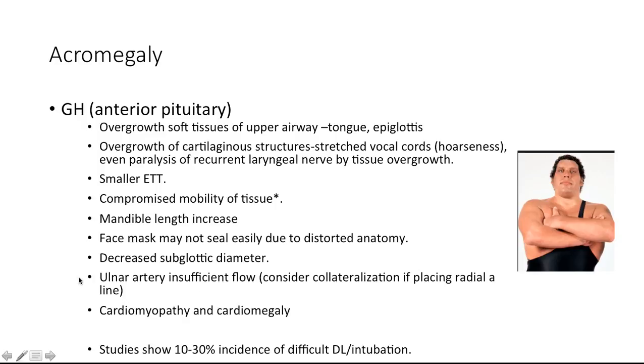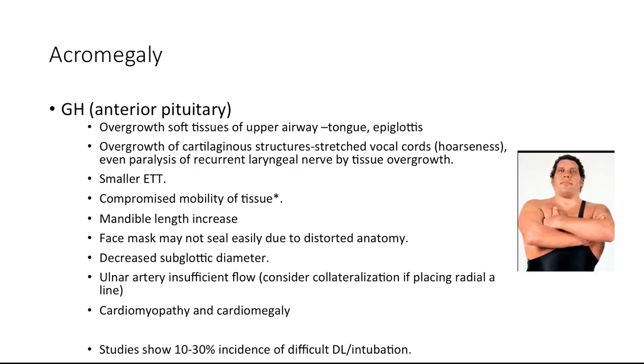The classic test question relates to ulnar artery flow. It gets kind of tricky sometimes because the anatomy change is related to ulnar artery insufficiency. And the question is, do you place a radial art line? Well, on one hand, you'd say, yeah, radial art line's fine because it's the ulnar artery that's compromised. But consider you still have to perfuse the hand.